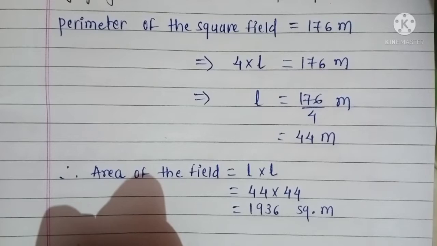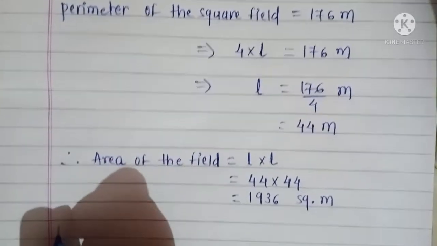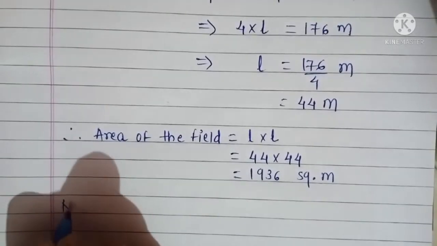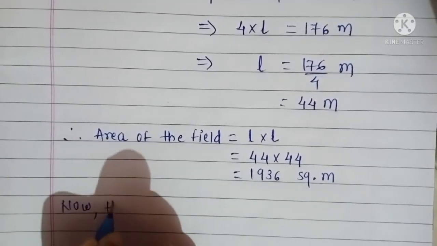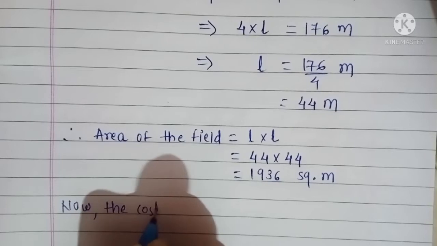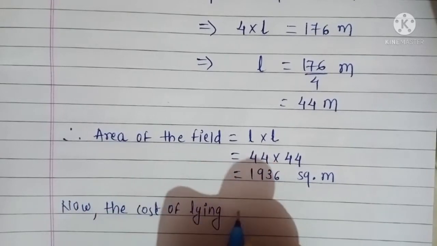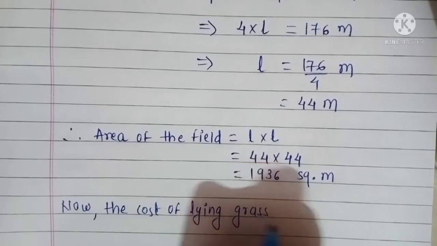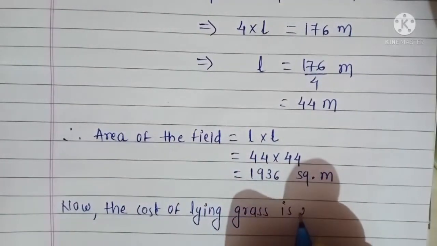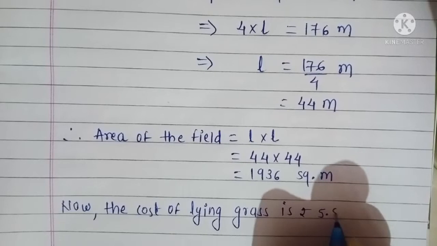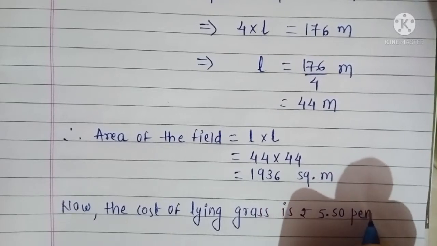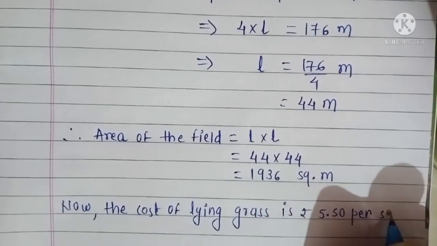Now we find cost of laying grass. The cost of laying grass is rupee 5.50 per square meter.